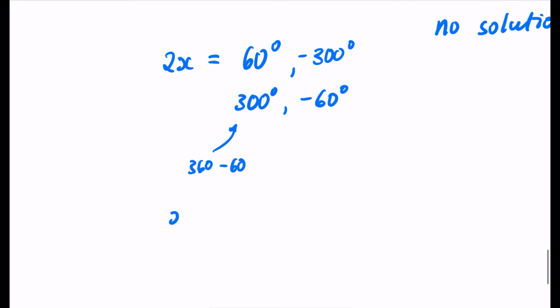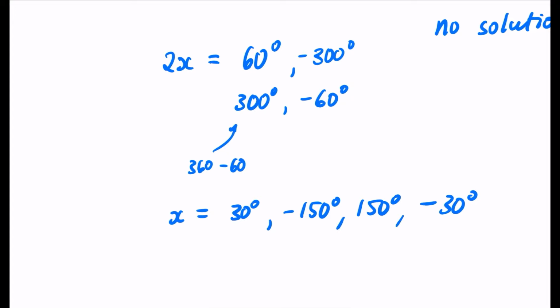So my last step is to make x the subject, in other words, divide all of these by 2. So I have 30 degrees, minus 150 degrees, 150 degrees, and minus 30 degrees. And I probably would write them in order as minus 150, minus 30, 30, and 150.